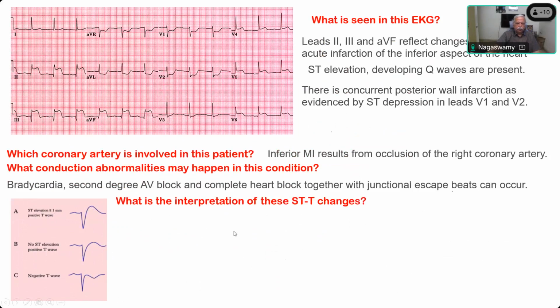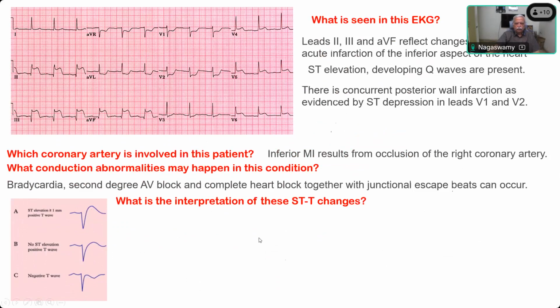What is the interpretation based on these ST-T changes? In the first two, the T wave is positive, and in the first one the ST segment is also elevated. In the second, there is no ST elevation and the T wave is positive. But in the third, the T wave is inverted and the ST is isoelectric. These are all with regard to right coronary occlusion.